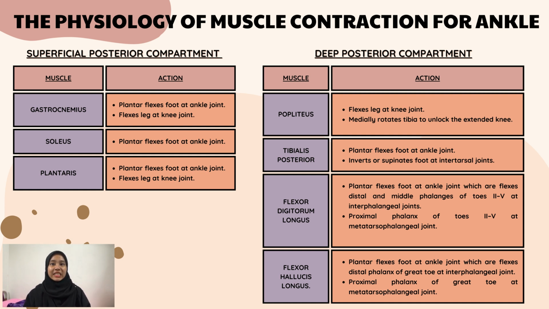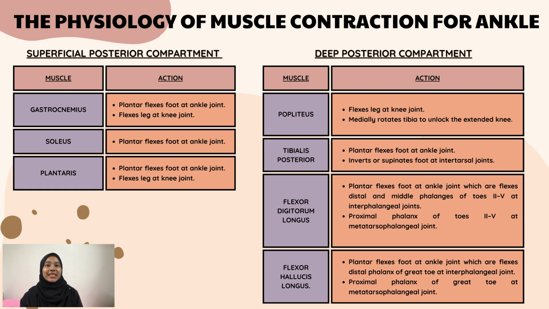For flexor digitorum longus, it will contract to plantar flex the foot at the ankle joint, flex the distal and middle phalanges of toes two to five at the interphalangeal joints, and the proximal phalanges of toes two to five at the metatarsophalangeal joints.